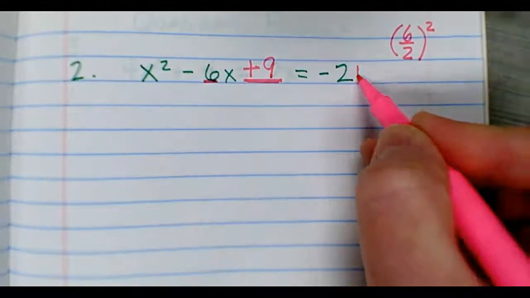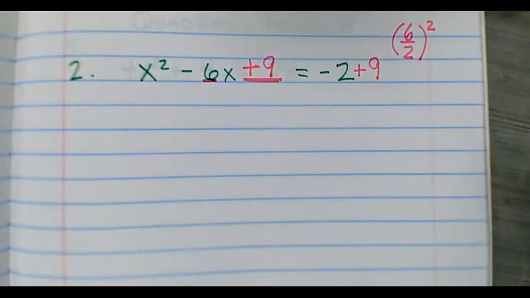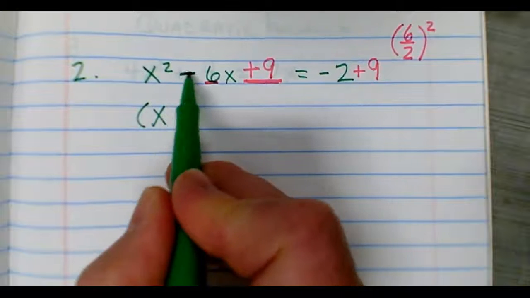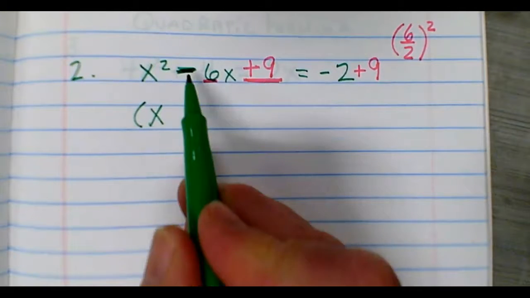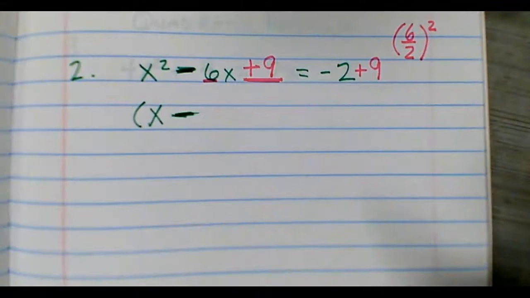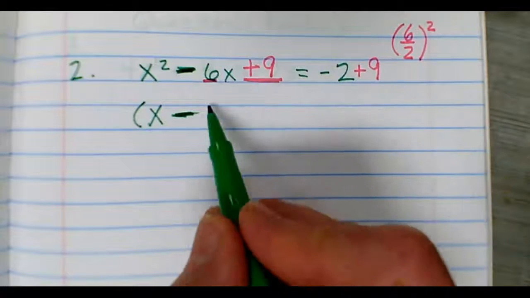If I add 9 on this side, I have to add 9 on the other side to keep my equation balanced. I'm going to use whatever sign is here with the b. That's going to be the sign in my perfect square.